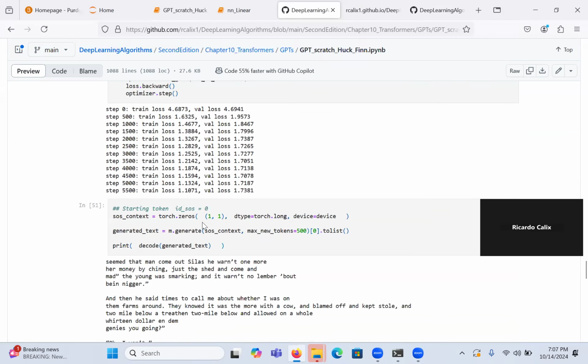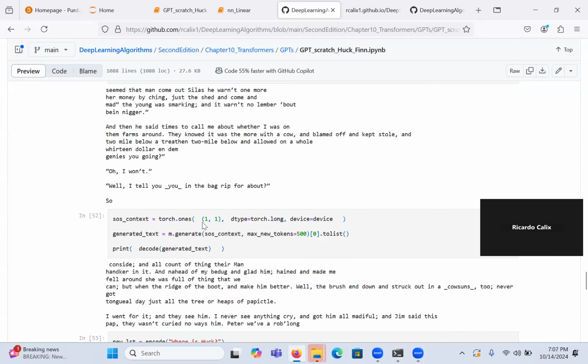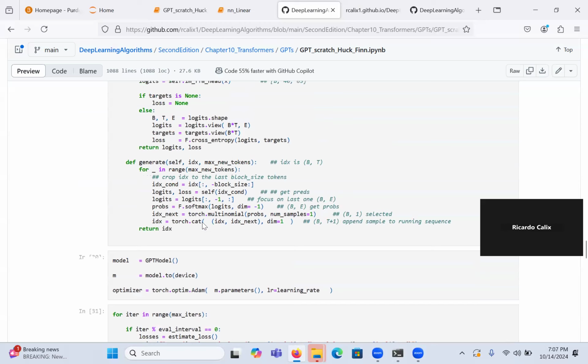Think about this. Where are we? Here. So IDX is 1 by 1, or it could be 1 by 3, or 1 by 10, whatever you give it.